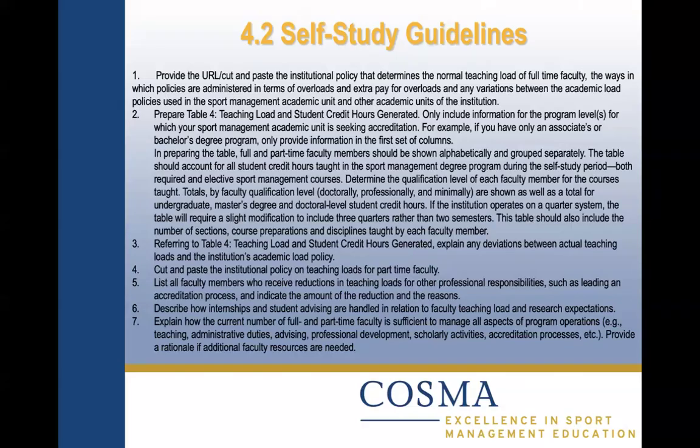So number 7 here in the self-study guidelines at the bottom is saying, this is your chance to say, this is how we think all of the resources that we have in terms of our faculty are working, this is how it's functioning. This is how it's either sufficient or not sufficient, and in what areas.